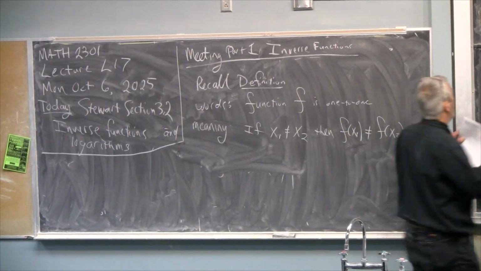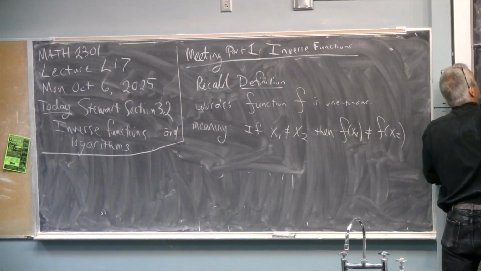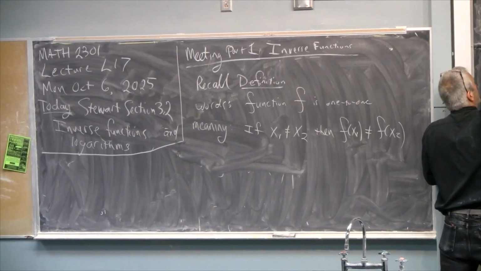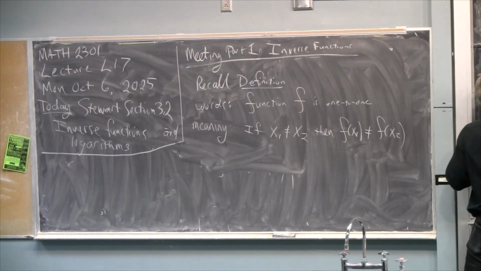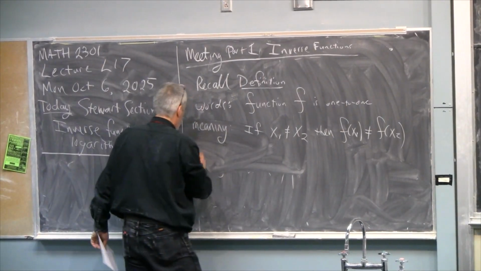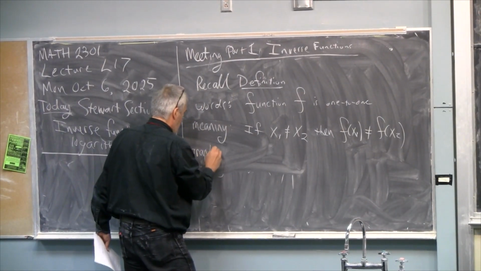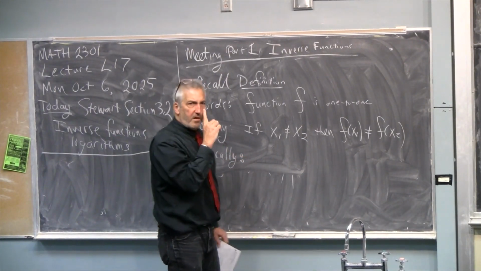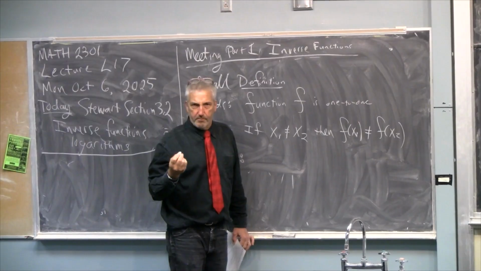So let me give an example. f of x equals x squared. Oh, and I should say more. I should say graphically, no horizontal line touches the graph more than once.